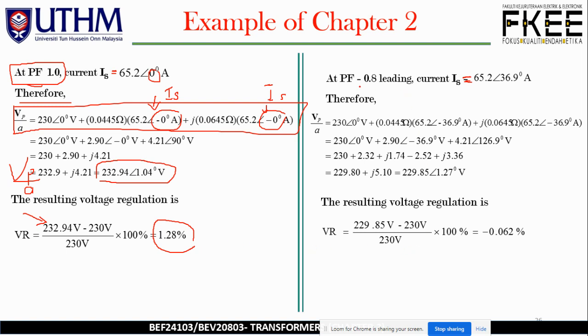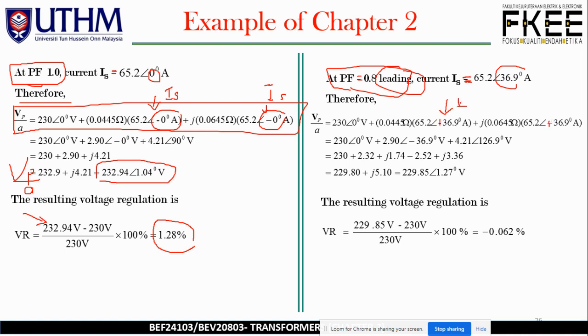Now if the power factor is, again not negative but equal to, 0.8 leading, the current Is equal to 65.2 at the arccos of 0.8, a positive angle due to the leading condition. So this is not negative but positive.